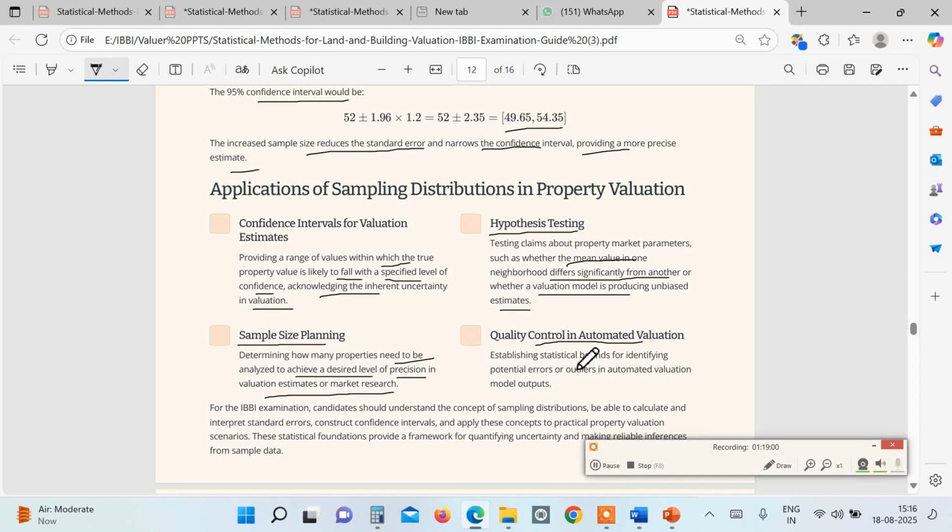So you have to be very careful while preparing for the IBBI examination. You should understand the concept of sampling distribution so that you are able to calculate and interpret standard error, construct confidence intervals, and apply this concept to a practical valuation scenario.